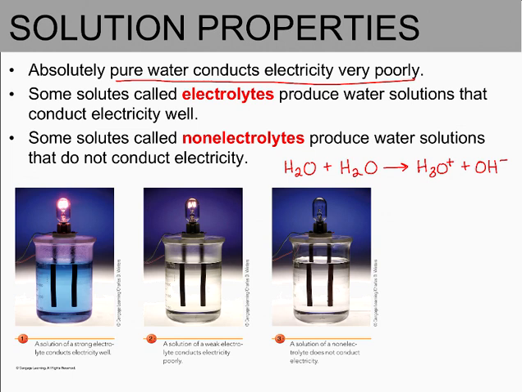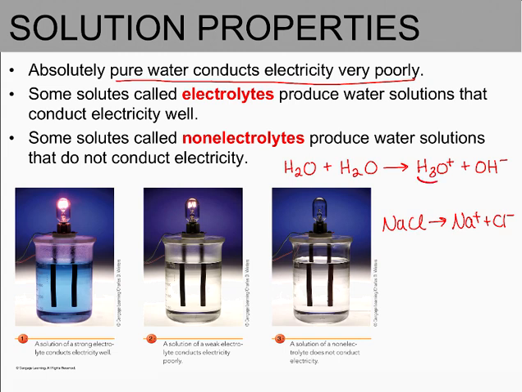However, if we have a solution of, for instance, sodium chloride, NaCl is going to dissociate into sodium ions and chloride ions in solution. And this dissociates really well in solution.